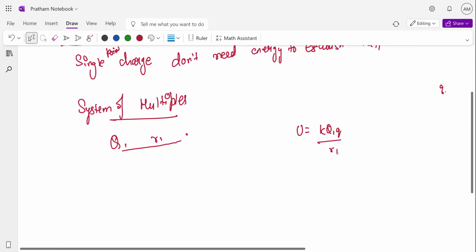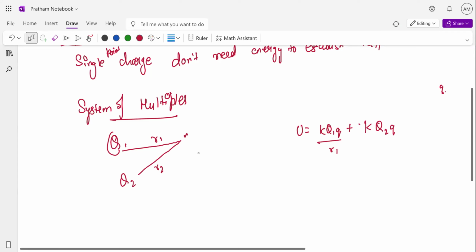Is it clear? Now, in this case, I had another charge Q2. How much energy do I need to bring this charge? When I take it to this point, I need some energy for this charge at distance R2, so another energy will be added.